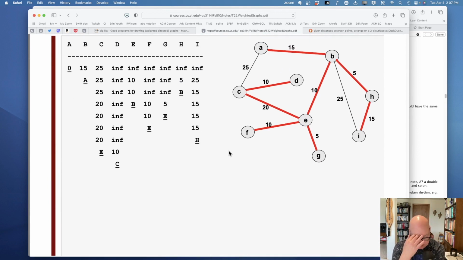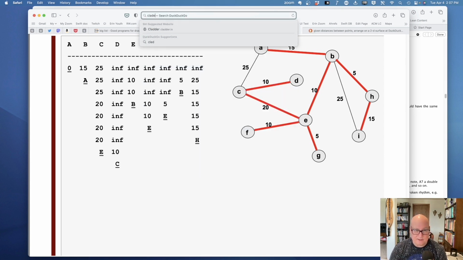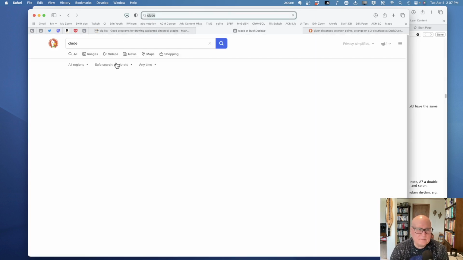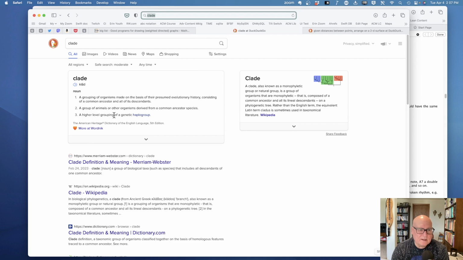Now, I did some work with a genetic company for a number of years, and I'm trying to remember. They had, is it called clades? I haven't looked this one up lately. There's a way of organizing these things based on what you assume their evolution is.